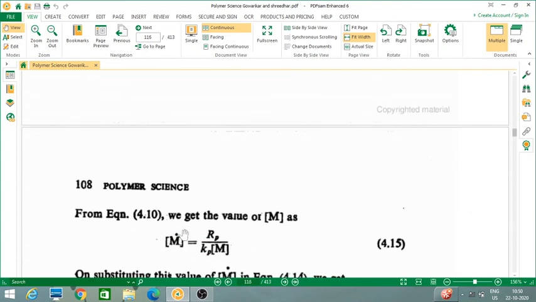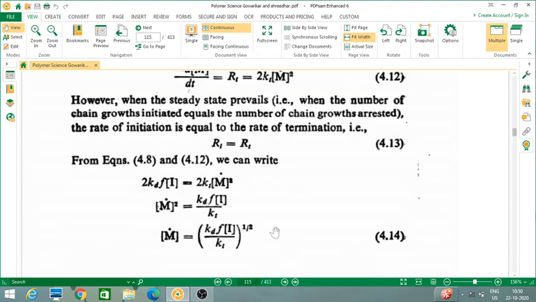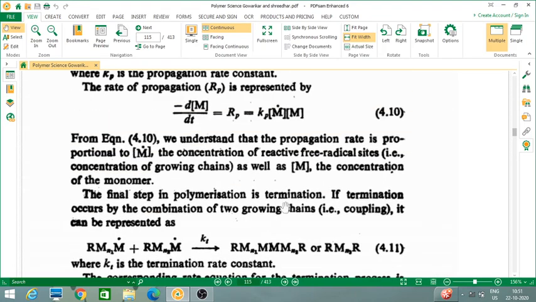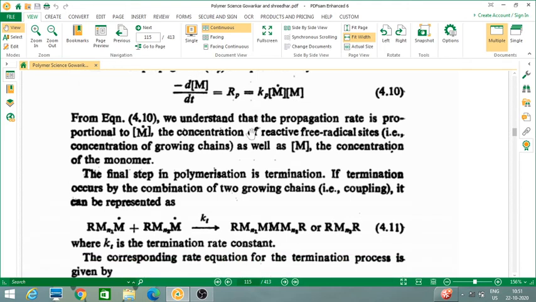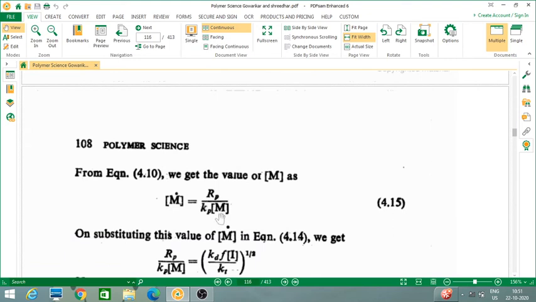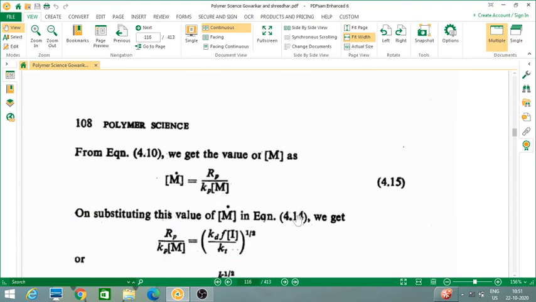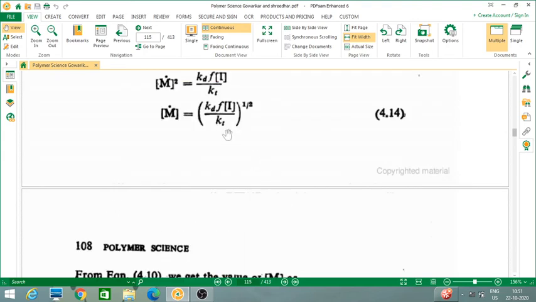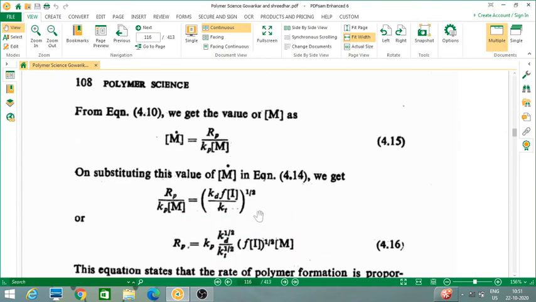From equation 4.10, we get the value of M star as the rate of propagation upon Kp M. On substituting this in 4.14, we get this equation.